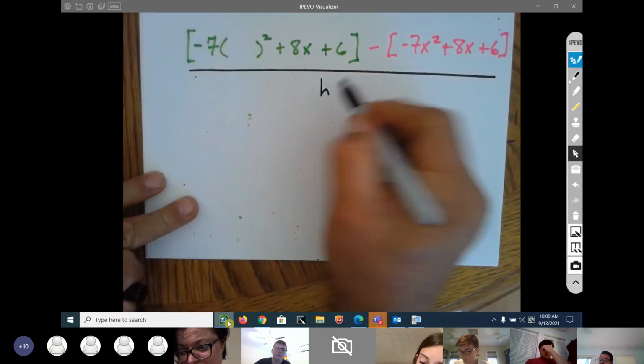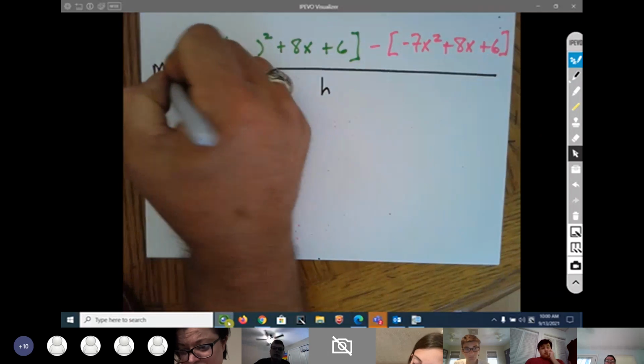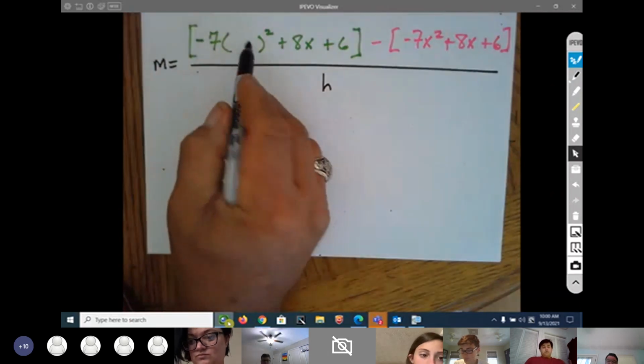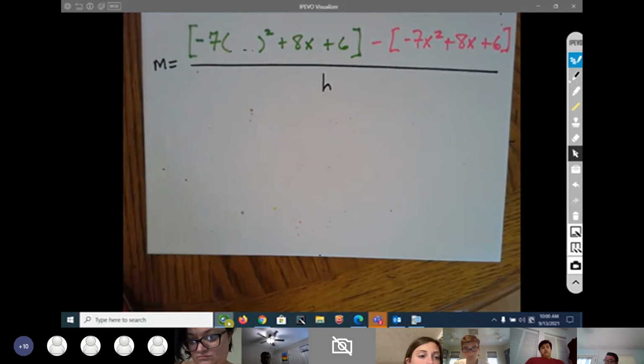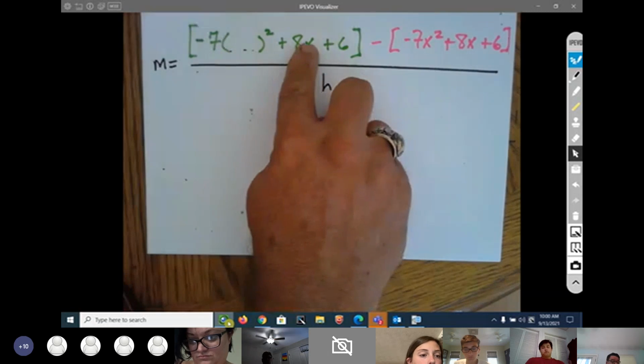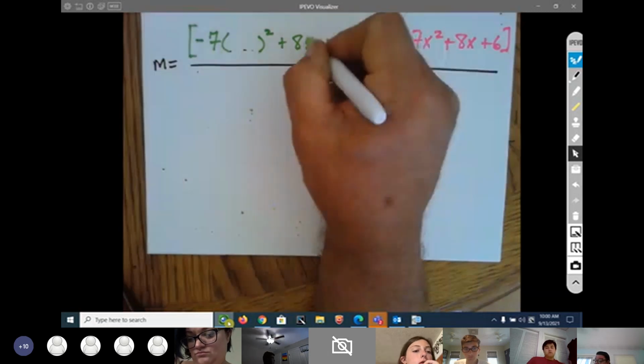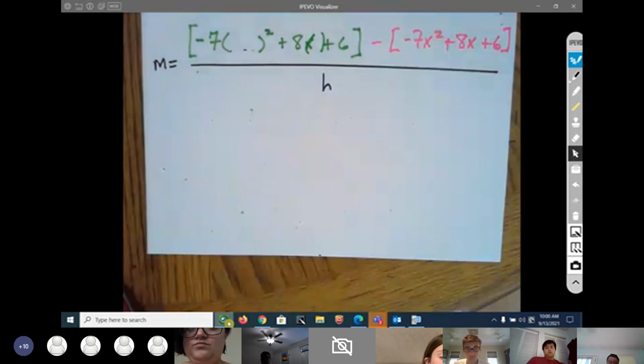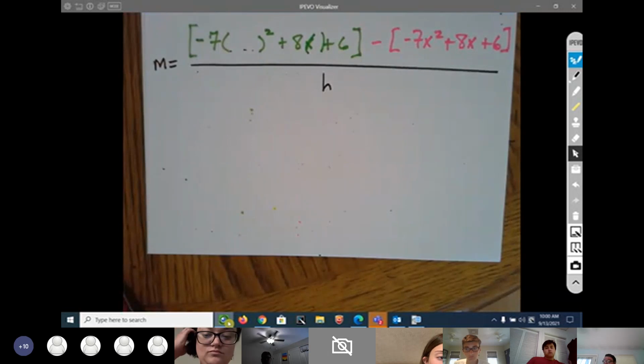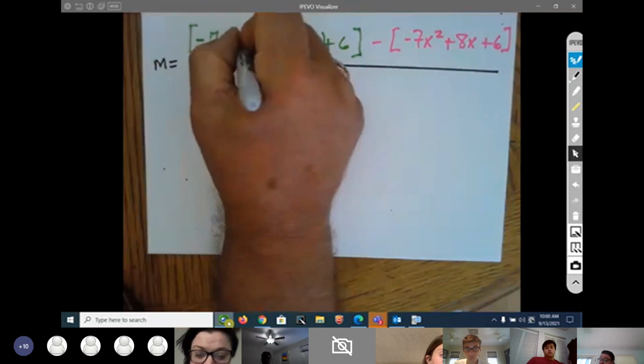And we all know the difference quotient is the slope. And what am I going to plug in right there in those parentheses? I forgot to put another set of parentheses. X plus h, Hubert. That's right, class.